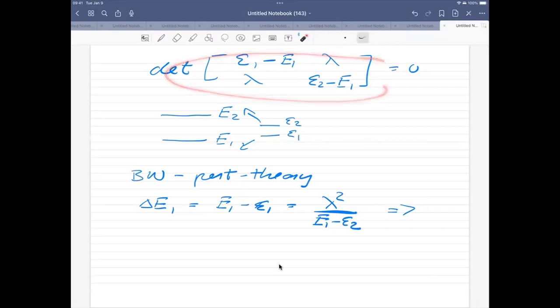So if we just write out that determinant, when I multiply here with E1 minus epsilon 2, I multiply up here and I subtract lambda squared, what we see is that this delta E1 multiplied with this quantity E1 minus epsilon 2 translates into E1 minus epsilon 1.